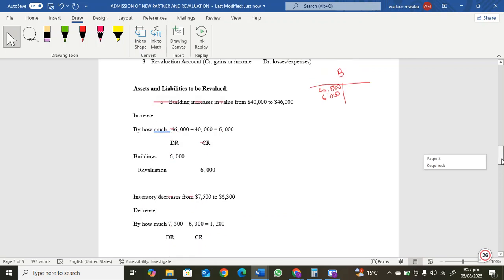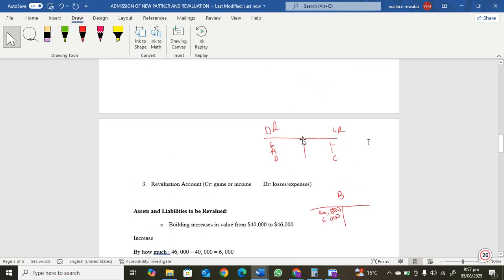So when an asset decreases, according to these double entry rules here, asset here is on an A. If an asset decreases in value, do we debit or do we credit? Because should this come for you in the exam, these double entry rules are the ones that are going to save you.